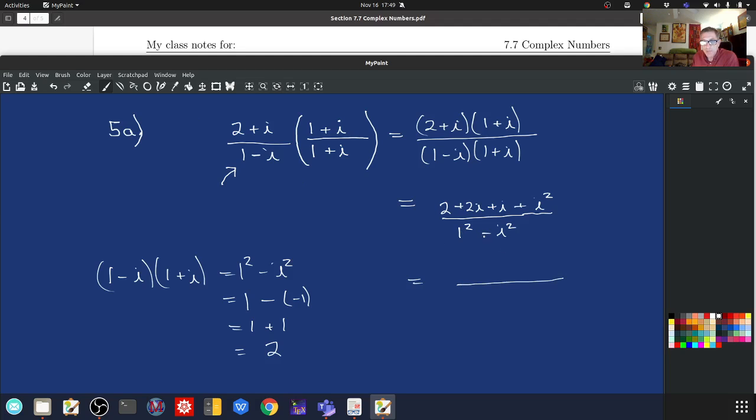I've already done the denominator right here, so I get the denominator is equal to 2. So that's 2. 2i plus i is 3i. And plus i squared, well, i squared is minus 1. So 2 minus 1 plus 3i in the numerator over 2.